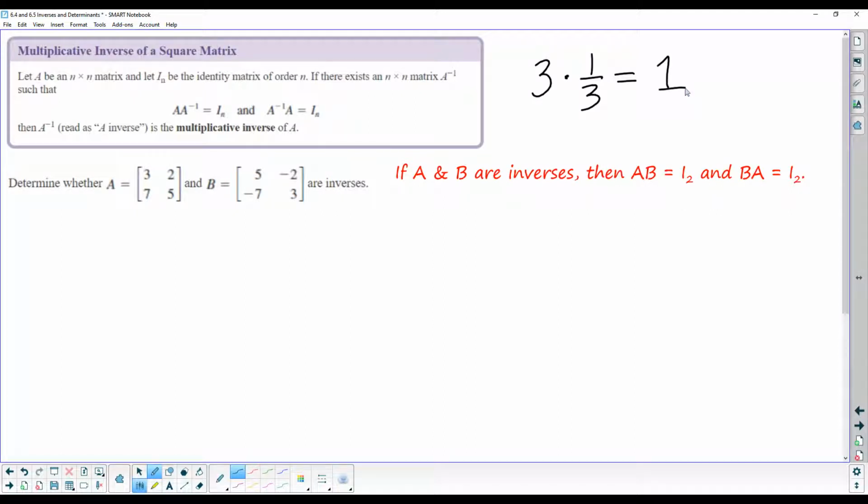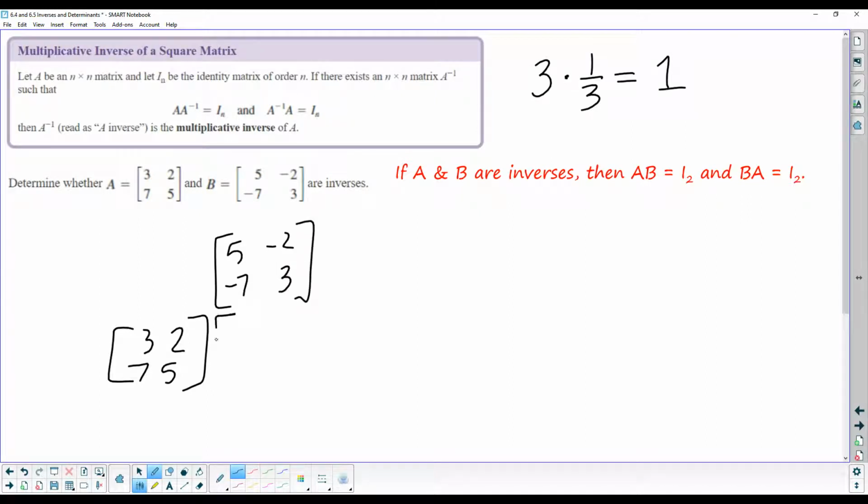So A and B, it says determine whether A and B are inverses. Well, they're inverses if we times them together and we get an identity matrix. So if we practice timesing those together, in our first element, it's 3 times 5 and 2 times -7, so that is 1. In our second spot, we get a -6 plus +6, so we get 0.